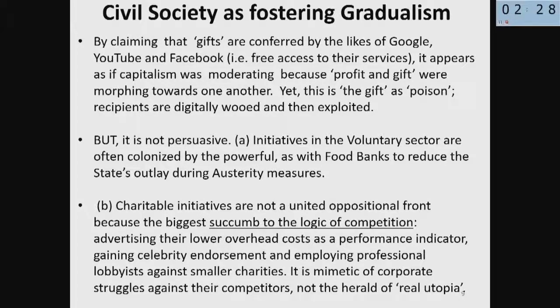But the food banks have been used monstrously and ideologically during the post-2008 period.